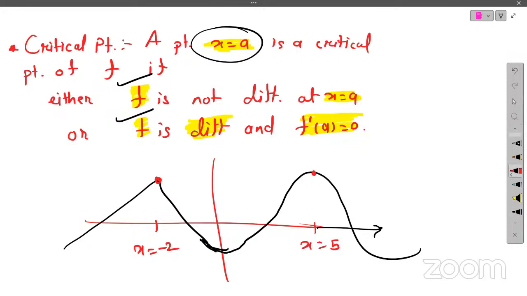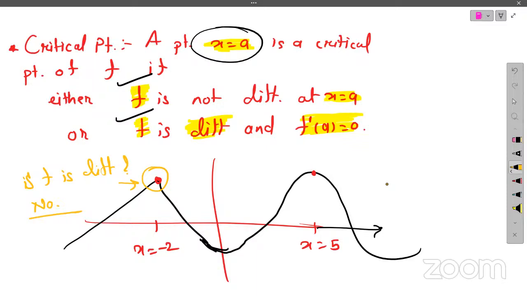Then what is happening at these 2 points? At the first point, is the function differentiable here? No. Why? Because we have a sharp corner. We know that whenever we have a sharp corner, the function is not differentiable. So here the function is not differentiable.